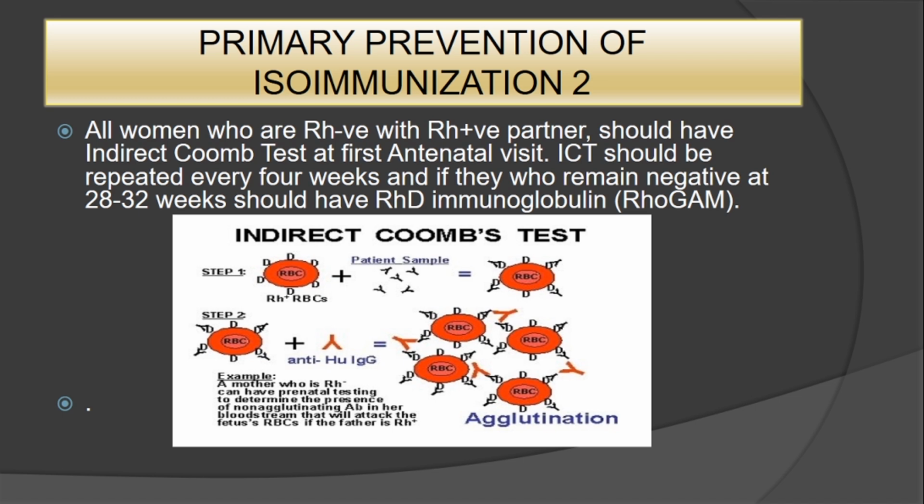Under the indirect Coombs test, since the mother does not have the antigen on the red blood cell membrane, a sample obtained from an animal with Rhesus antibody is incubated with the mother's blood. That is why it is indirect, because the mother does not have it.